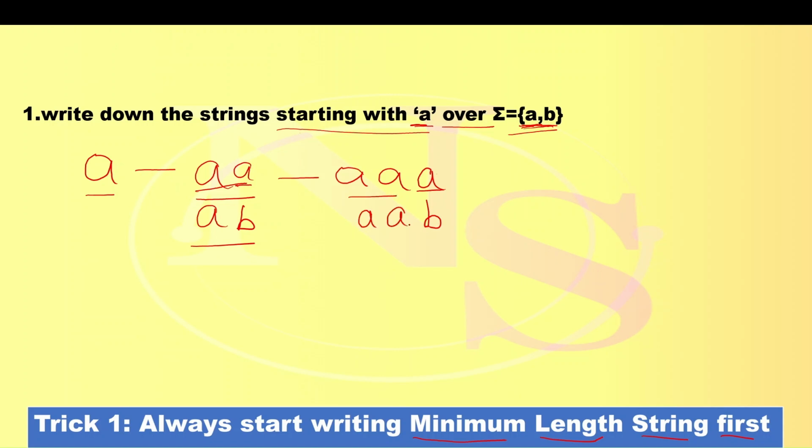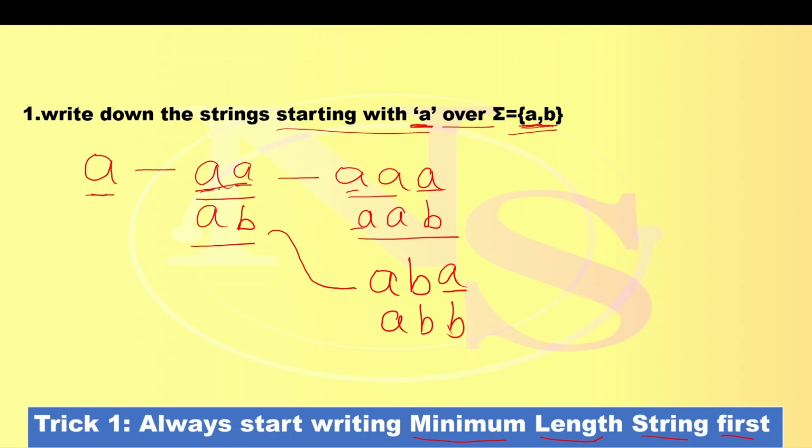So we got two more strings satisfying the condition starting with A. If we want to write more strings, copy this AB as it is and think what will be the next symbol. Next symbol will be from sigma, A, B. So this A and this B. Copy this AB as it is. So all these strings are satisfying the condition starting with A.